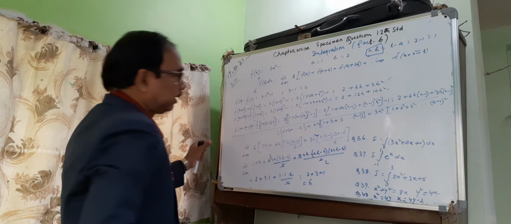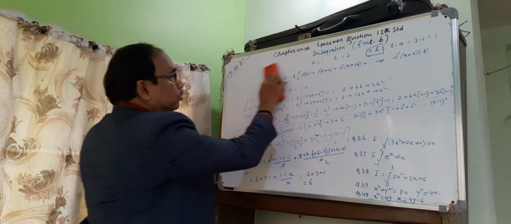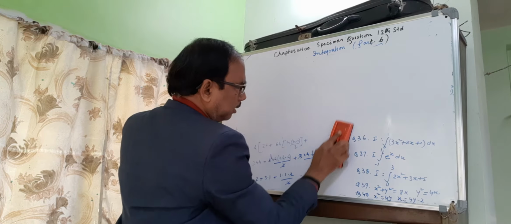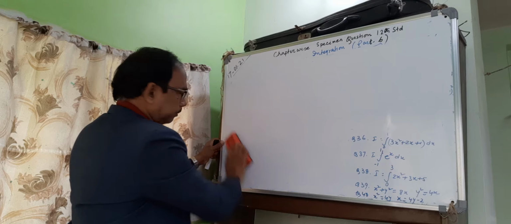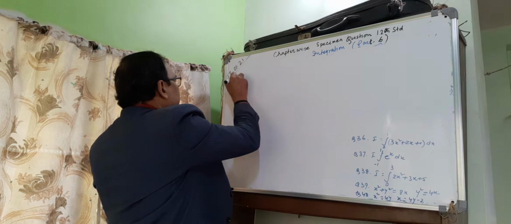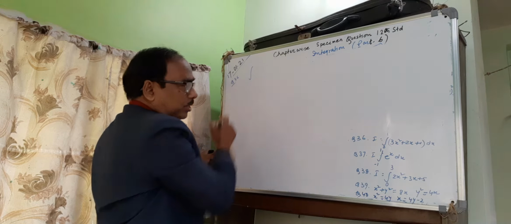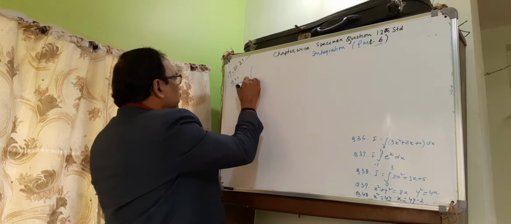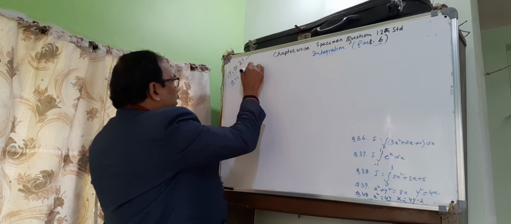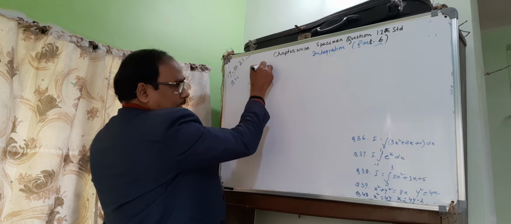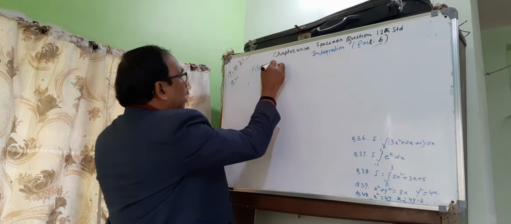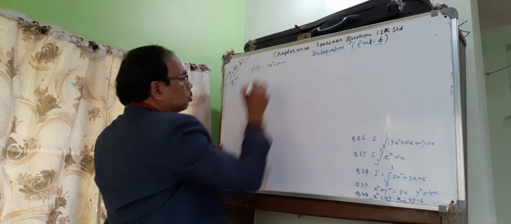Next, sum number 36. Let's do question number 36. It is also limit of a sum. Just like the previous one, limit 0 to 1, your f(x) equals 3x square plus 2x plus 1.